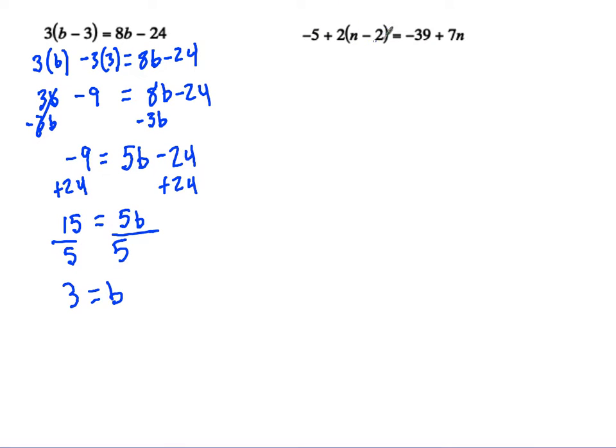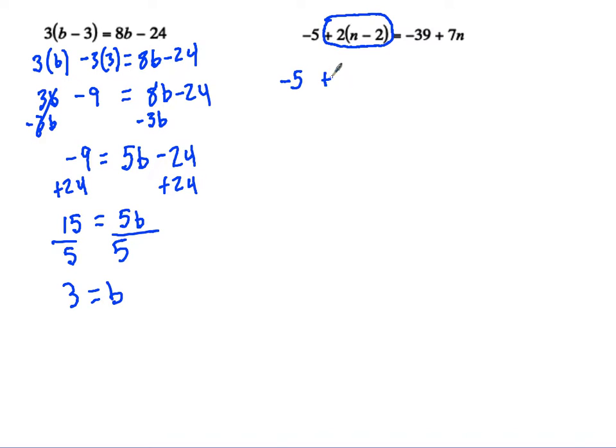Okay, they can get even a little bit trickier than that one, because now we've got this distributive property tucked in the middle of the problem here. So this is the part that I have to deal with first. I can't do anything else until I've dealt with that middle part that has the parentheses. Remember, order of operations, parentheses have to come first. So -5 just stays the same. Now I've got this distribution going on here.